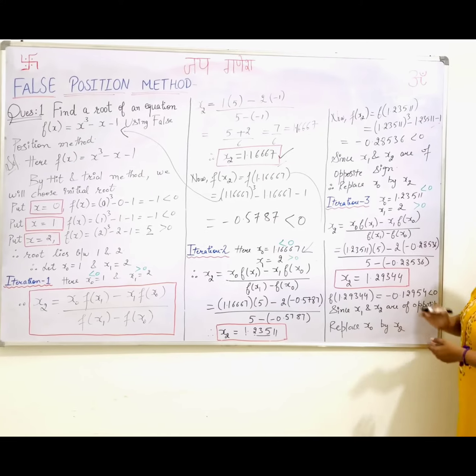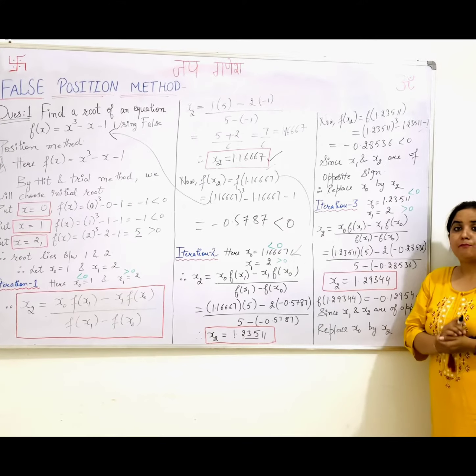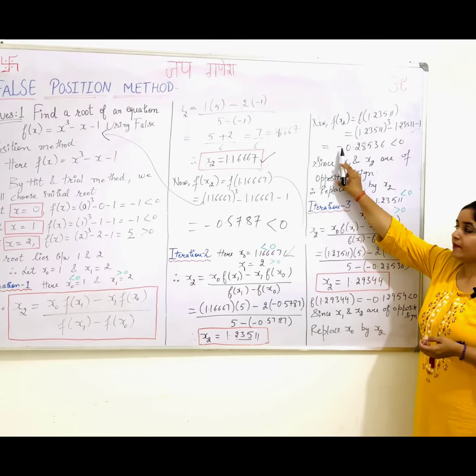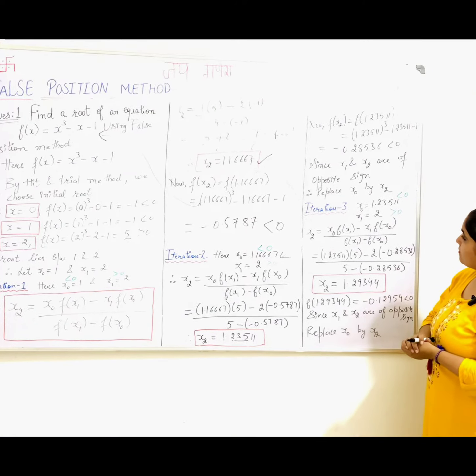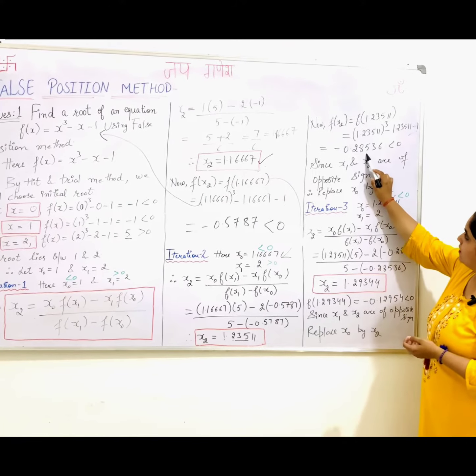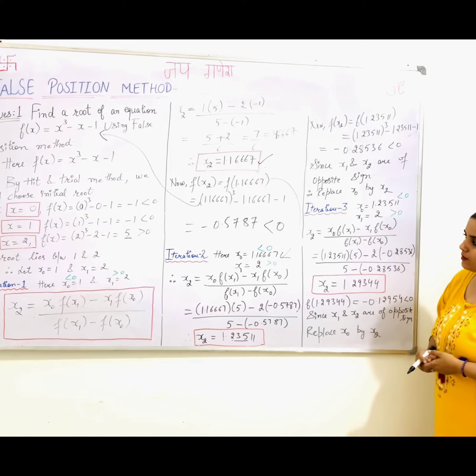Answer will come up as minus 0.28536. I am again focusing on minus. So we have to compare again the signs. So what is written? We have to compare this negative value again with the positive value.